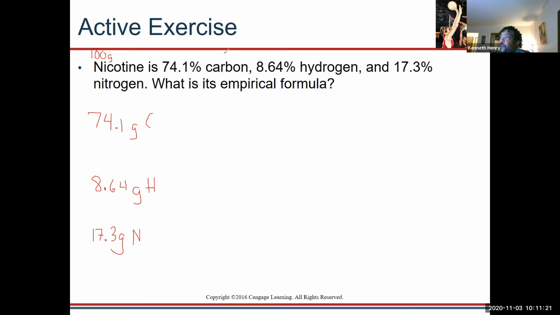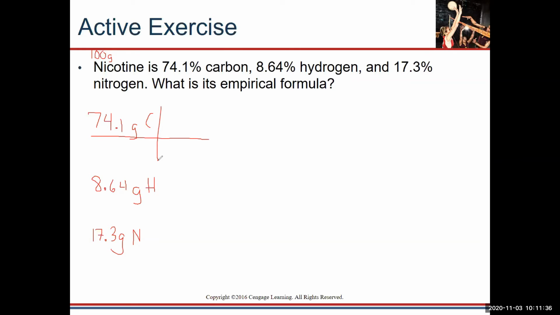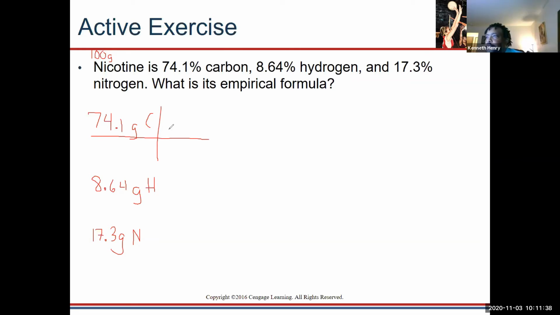Okay. So first thing I want to do, convert it to moles. And we do that by molar mass.